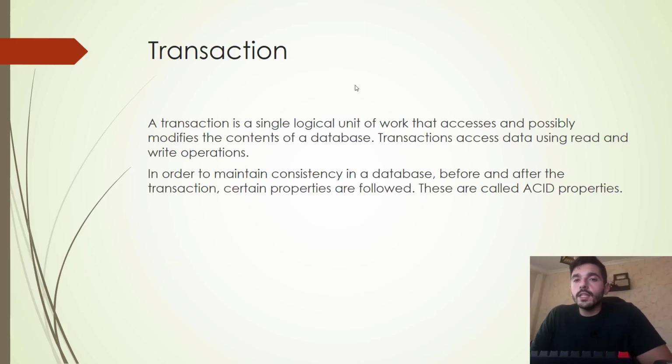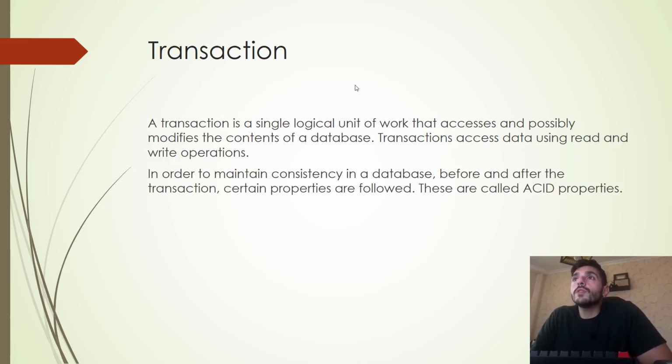So what is a transaction? As a developer, you have experienced so many operations that actually engage with databases. So a transaction is a single logical unit of work in a database context. Whenever you read data, you update a record in a table, or when you're doing multiple alterations on multiple tables, you are actually dealing with transactions.